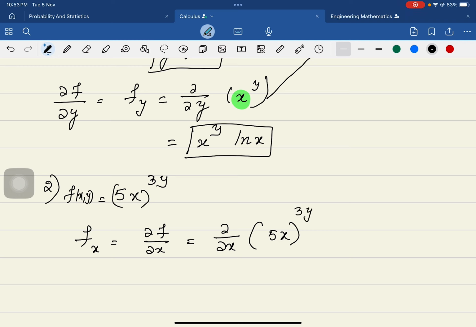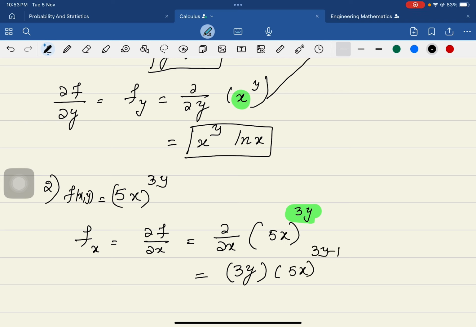Now what is the constant here? The power 3y is the constant, since you are differentiating with respect to x. So use the first formula. That is 3y times 5x power 3y minus 1.